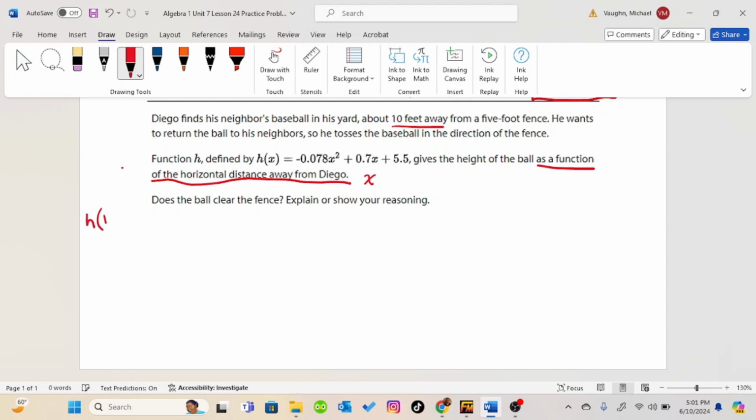So we have h of 10 equals negative 0.078 times 10 squared plus 0.7 times 10 plus 5.5. 10 squared is 100.